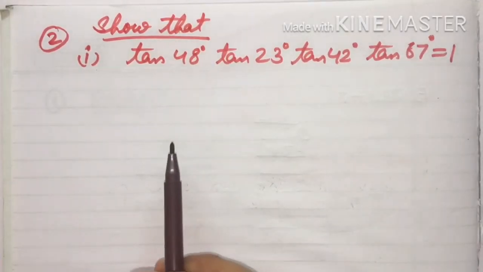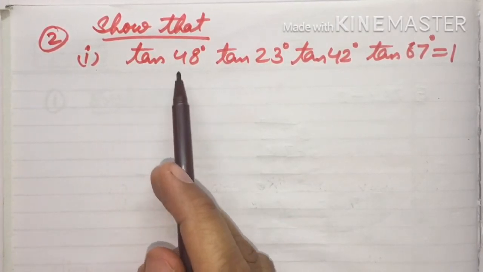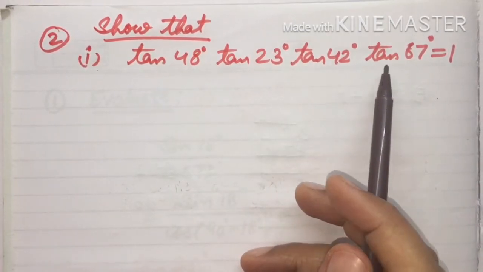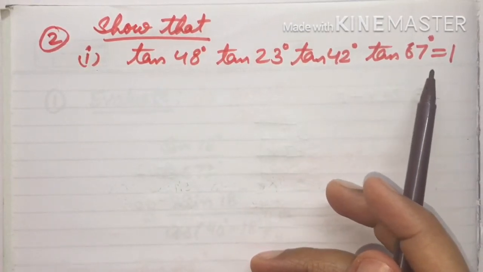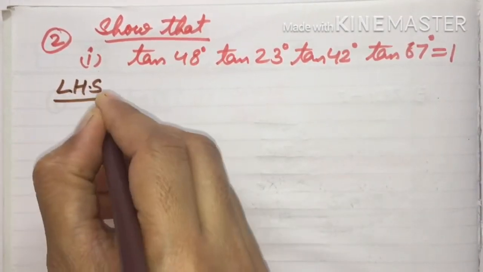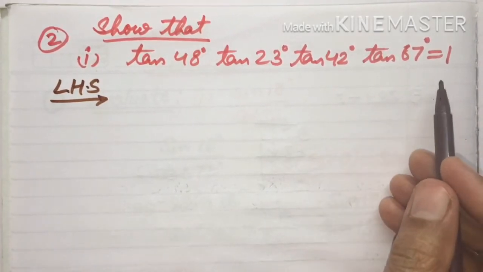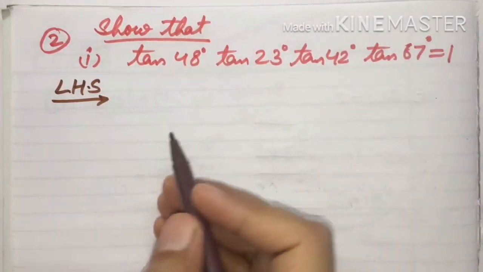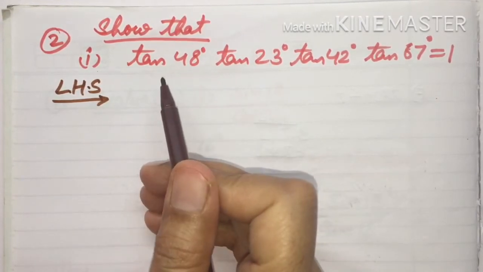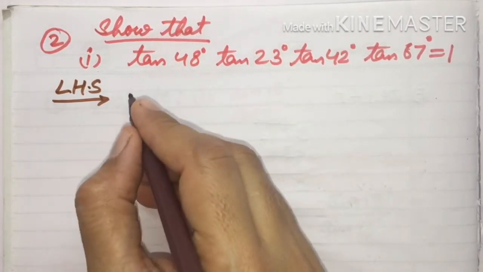Question number 2 of exercise 8.3. The first part: show that tan 48 degree, tan 23 degree, tan 42 degree and tan 67 degree is equal to 1. So we will take the left hand side, and we will prove this equal to the right hand side. So let's do it. How can we do it? All these tangent trigonometric ratios are multiplied, because no sign is there in between.